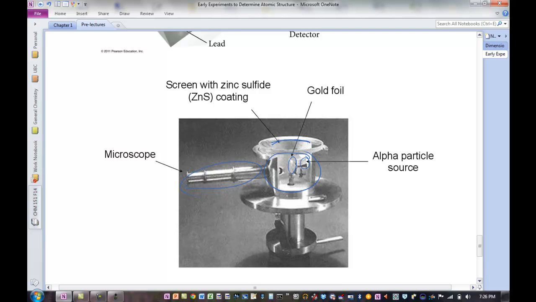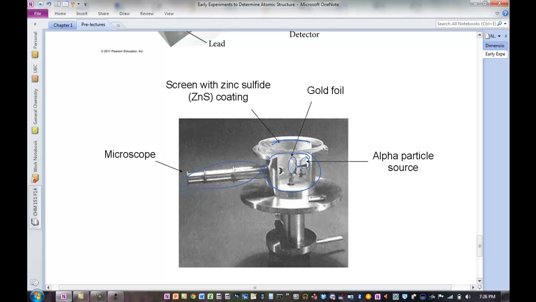7,999 particles would go through with little or no deflection. The average deflection was less than a degree. I believe in the paper I read it was 0.87 degrees. So 7,999 particles pretty much went straight through. Some deflection, but the deflection averaged to be pretty small.